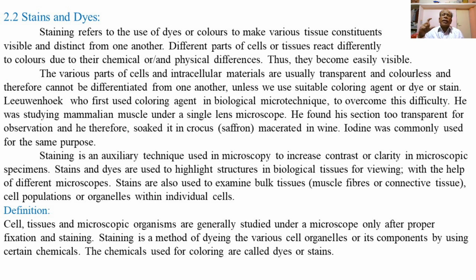They are useful in the differentiation of the different cellular components because of giving particular color to them. So staining refers to the use of dyes or colors to make various tissue constituents visible and distinct from one another.